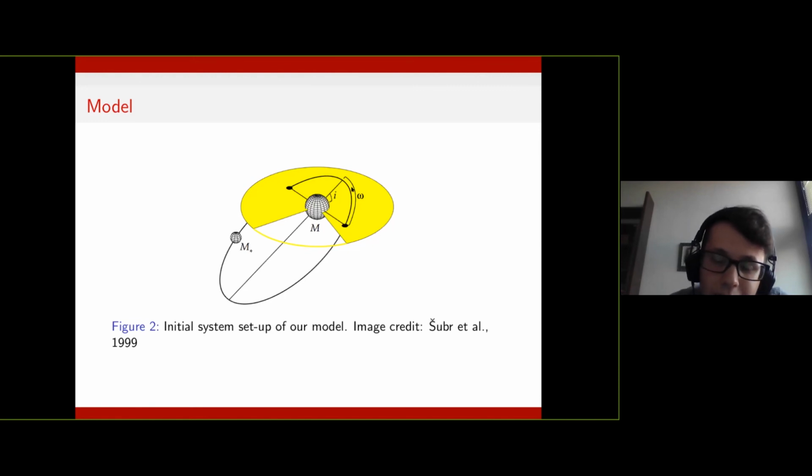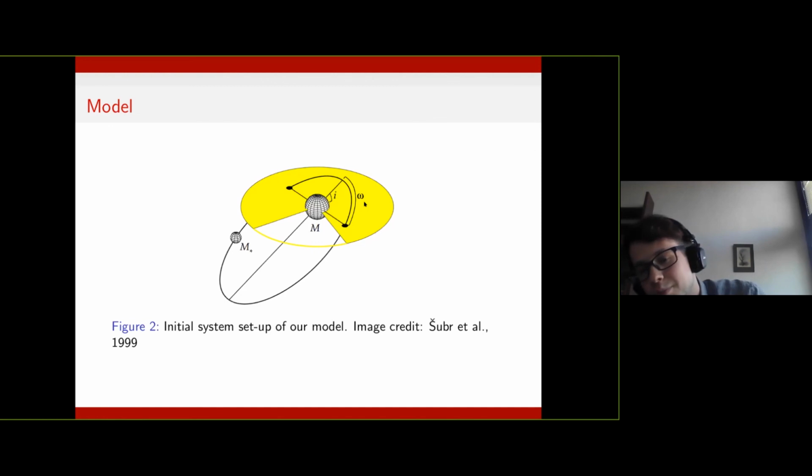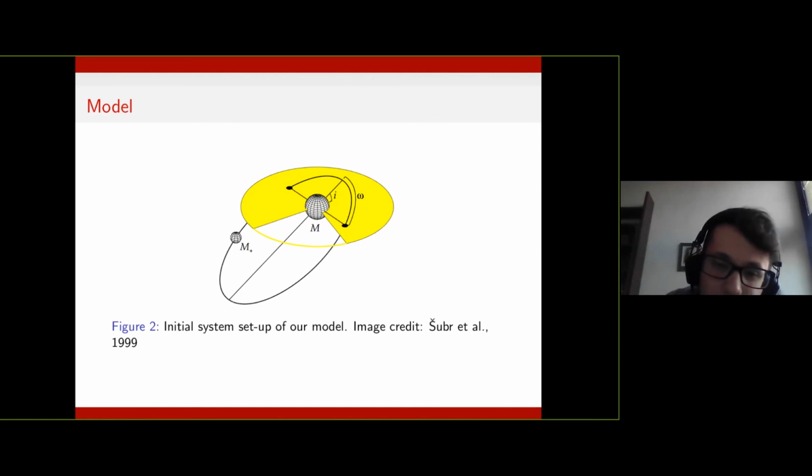So this is in some sense the starting point of our model, to come to the point where the star is in the orbital plane of the accretion disk. And after a short period of time, the trajectory will become circularized.